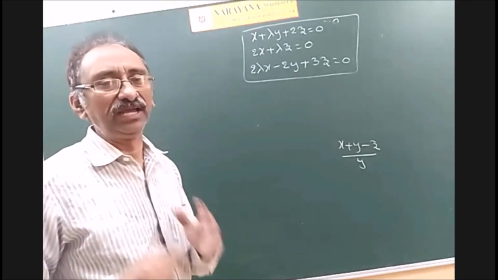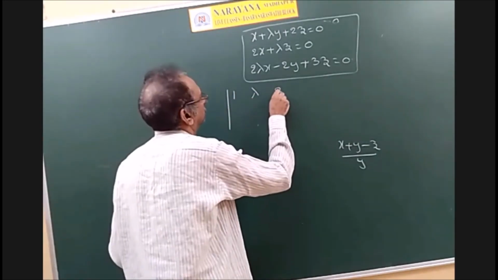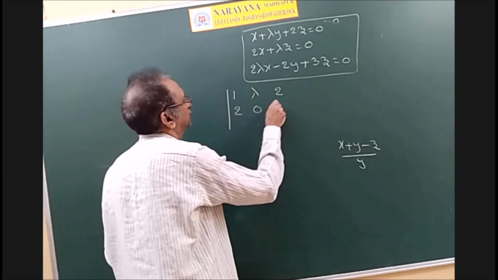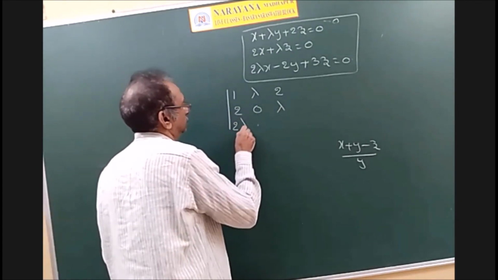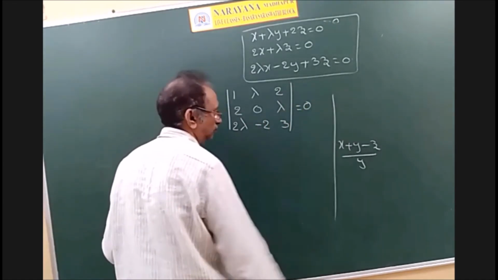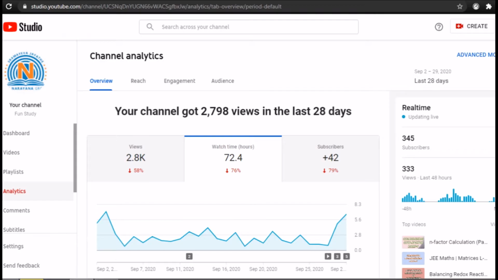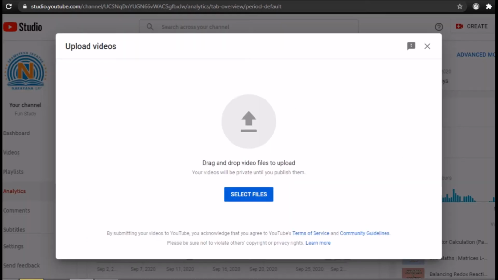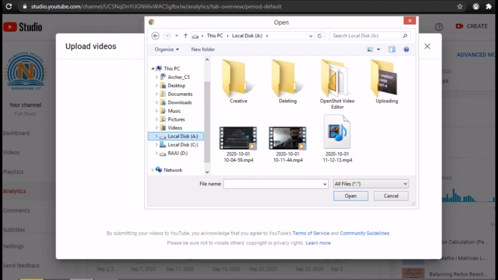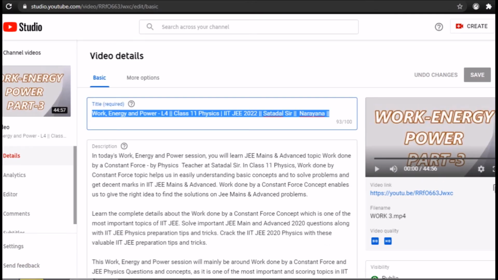For that, delta is 0. So take delta: 1, lambda, 2; 2, 0, lambda; 2 lambda, minus 2, 3. So this is 0. And you have to expand this. So expand this: 1 into 2 lambda, minus lambda into 6 minus 2 lambda square, plus 2 into minus 4, is equal to 0.